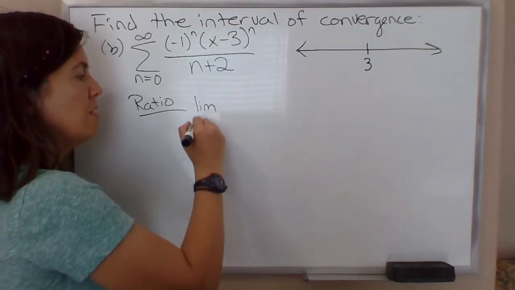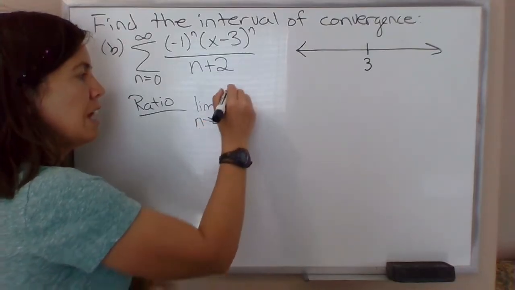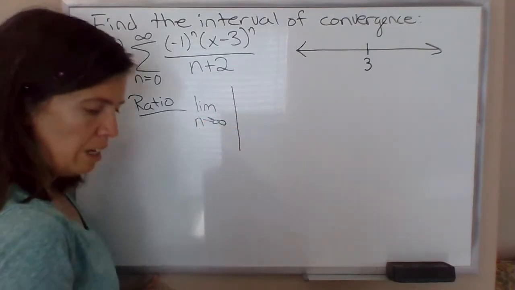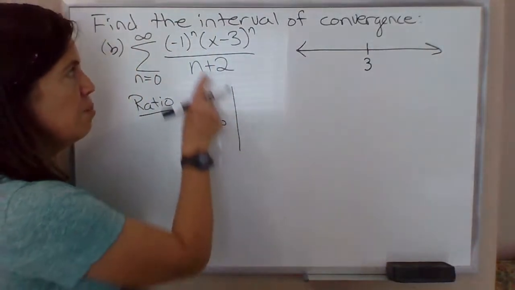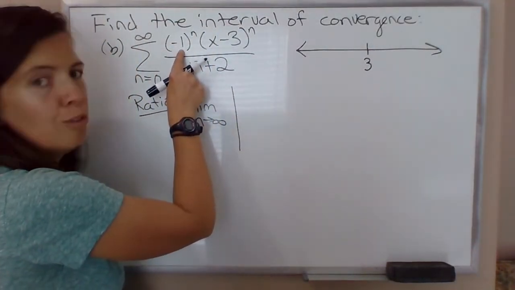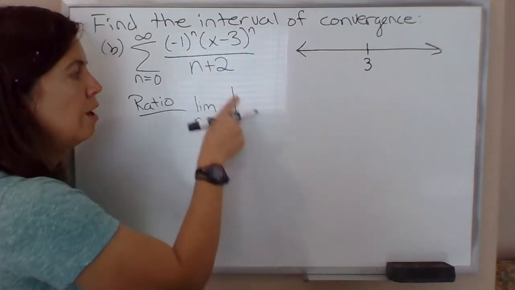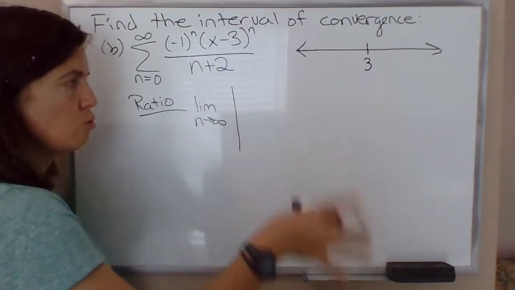So I take the limit as n approaches infinity of the absolute value of the n plus 1 term. And I've said in a previous video, powers of -1 are just either 1 or -1. When you take the absolute value, they're always just 1.